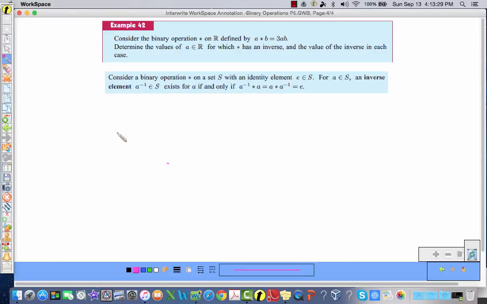And let's just do that real quick, because the identity element here, we look for it this way. We assume B is the identity element.